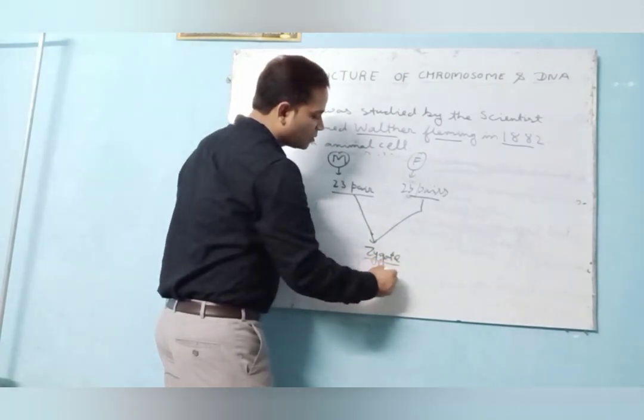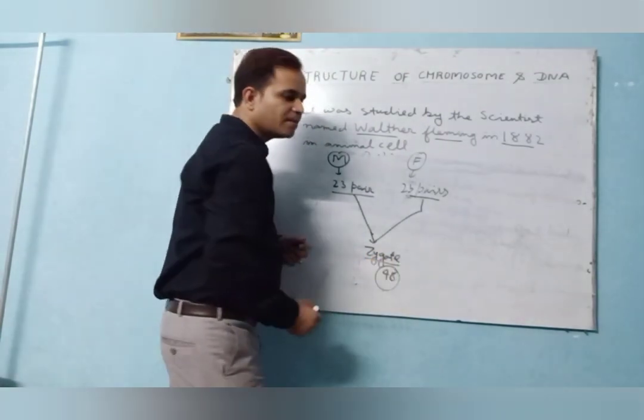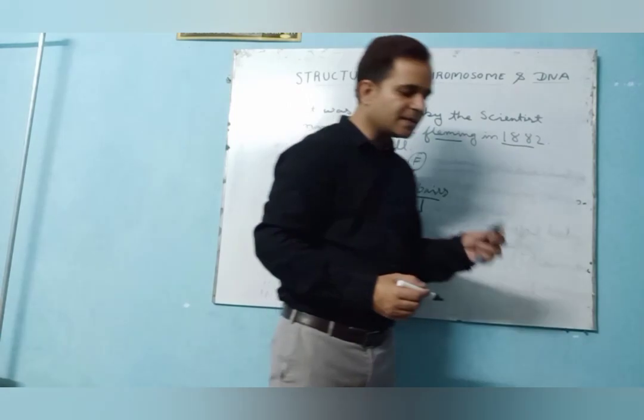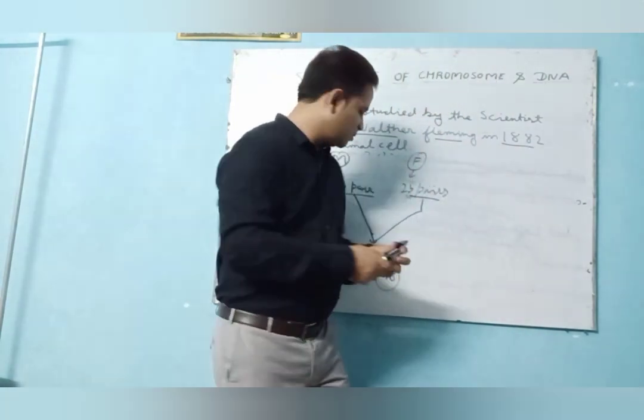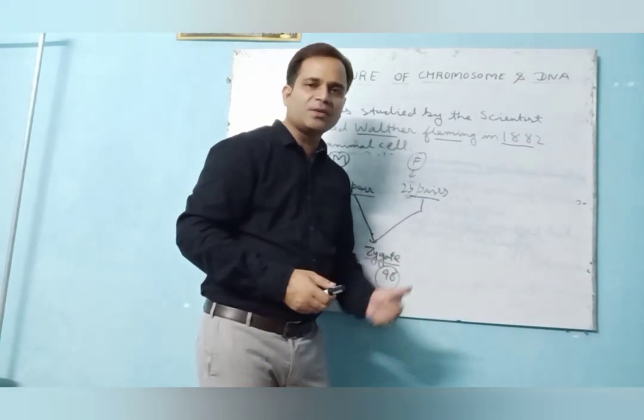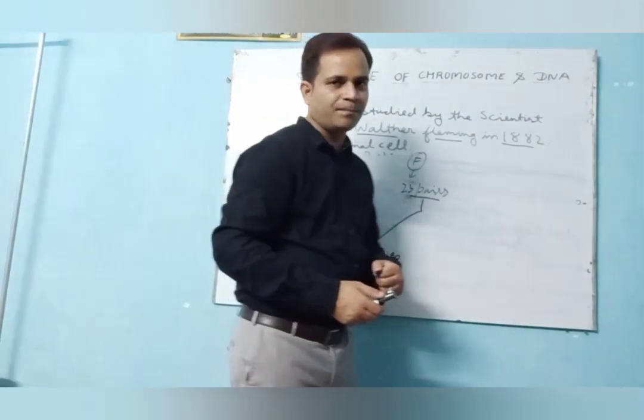It means how many chromosomes here? 46 chromosomes in a zygote, which are in pairs, 23 pairs.